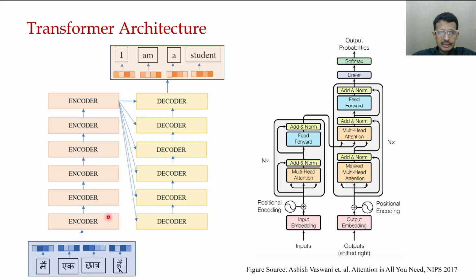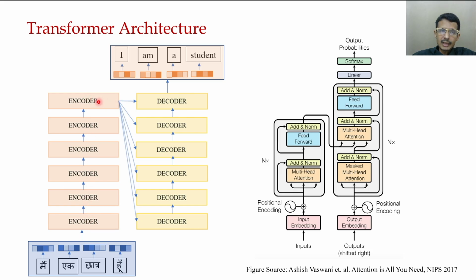Here you can see the transformer architecture. This is a series of encoders followed by a series of decoders. Now this 6 is a very hypothetical number. It may be less or higher, depending on the application. The sentence, after text embedding and positional encoding, is fed into the encoder, and the output of this encoder goes to the next encoder and so on.